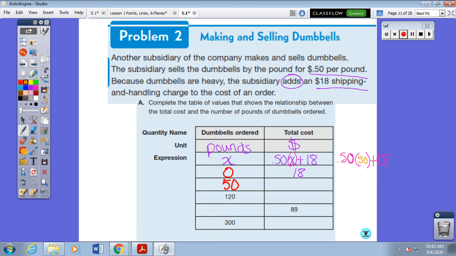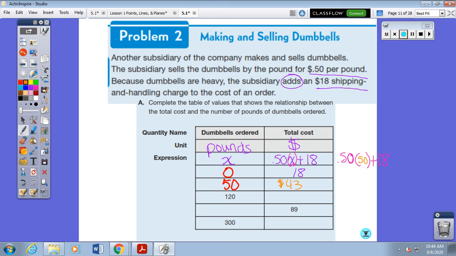Let's see. My answer key doesn't match these, so let me change this about. 0.5 times 50 plus 18 is going to give me $43. Okay.